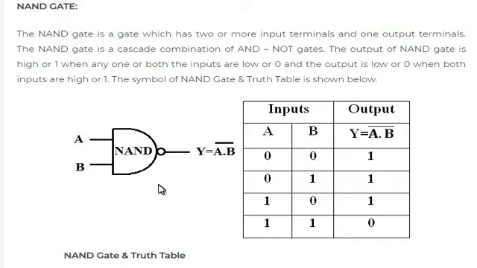Okay. So students, all of you remember that NOR gate and NAND gate, both these gates are universal building blocks or universal gates, because by using these gates we can construct any gate. Is that clear?